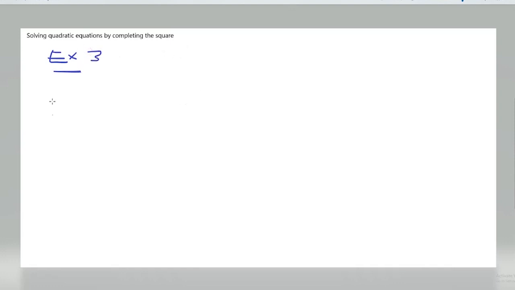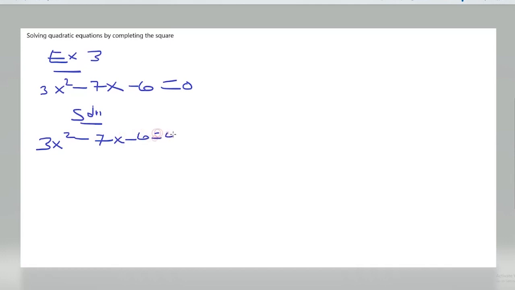Now, assume I've been given 3x squared minus 7x minus 6 is equal to 0. Now find x. Solution. Now copy 3x squared minus 7x minus 6, which is equal to 0.